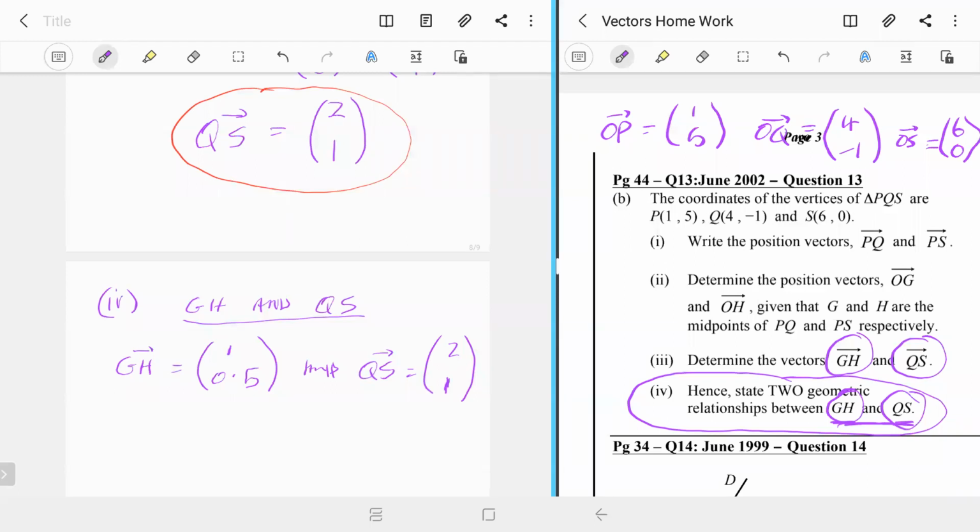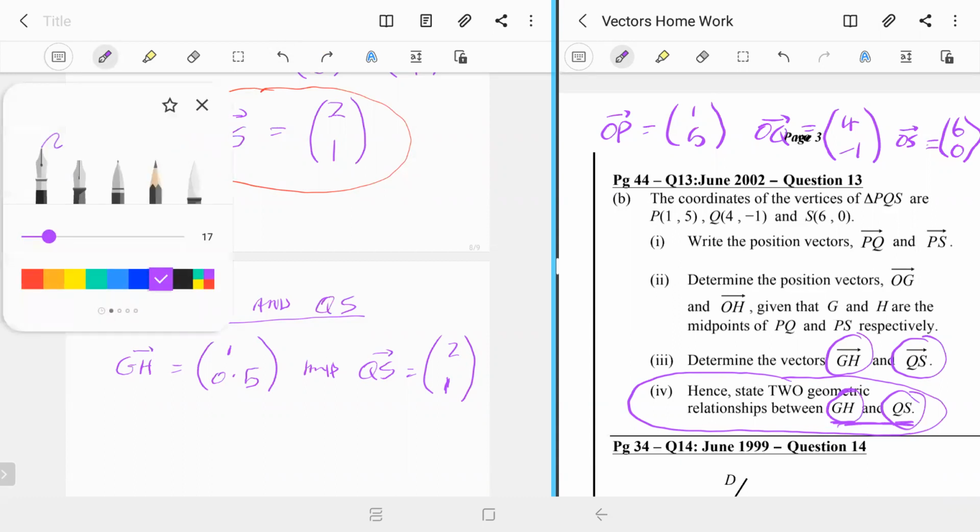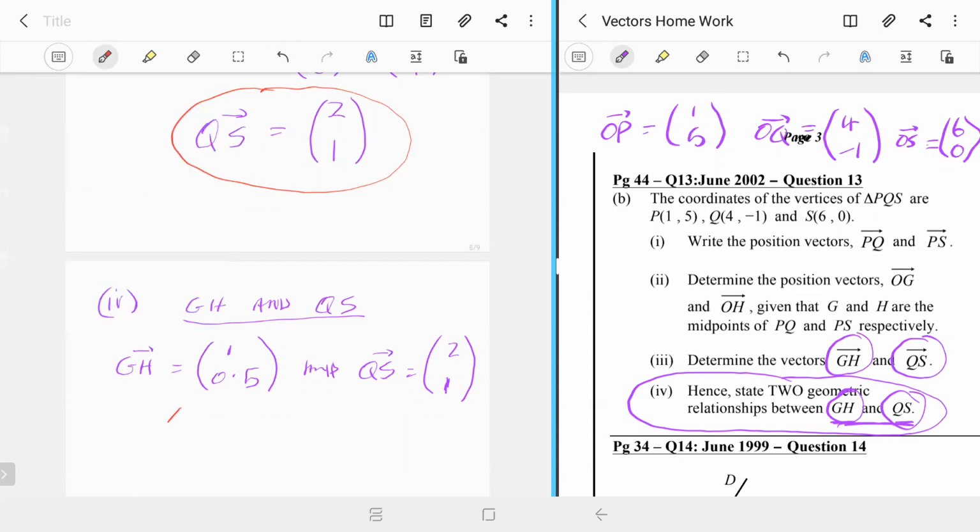Are there any fractions in these two vectors? 0.5 is a fraction. What do we do to get rid of 0.5? Times it by 2. So I'm going to times this one by 2, because we don't want the fraction. It's obvious that one is twice the next, but I'm still talking you through the steps.